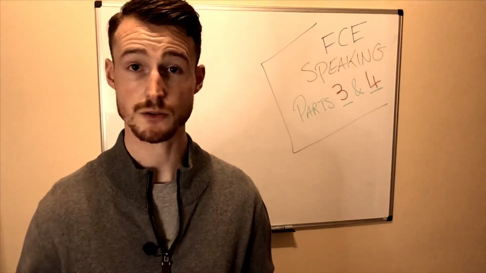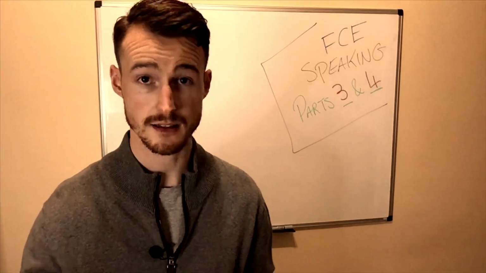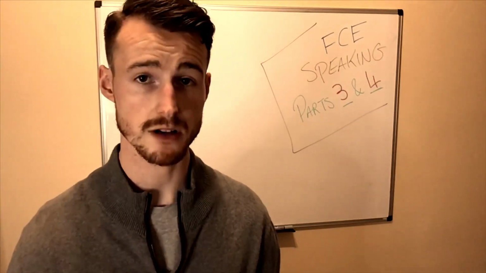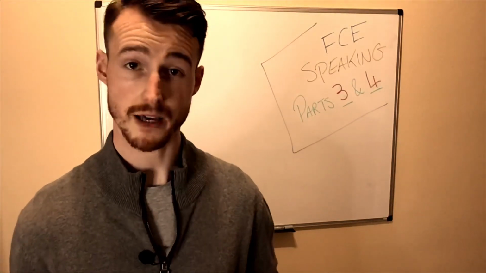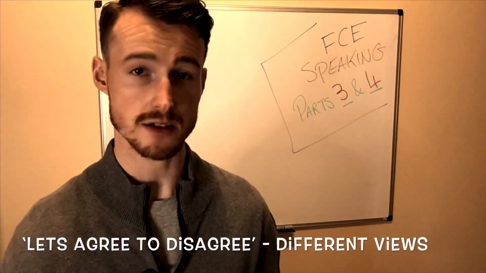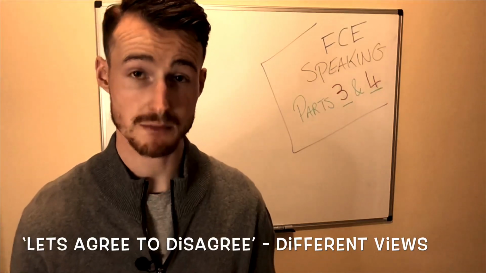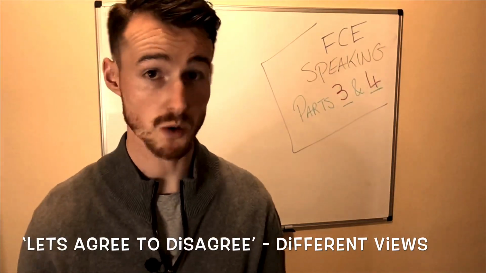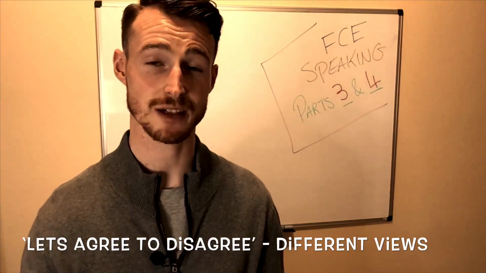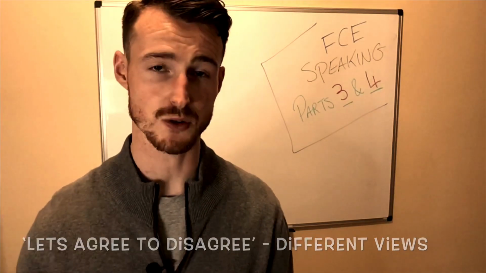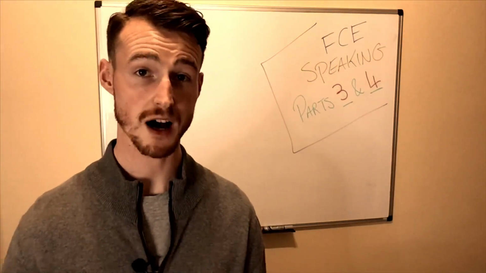You could choose one that you think is the most important, etc. But then you could say, okay, well, let's agree to disagree. And then guys, that is pretty much it for part 3. Just make sure that you come to some agreement or disagreement about a specific point, and then you move on to part 4. But let's have a look at an example of part 3.